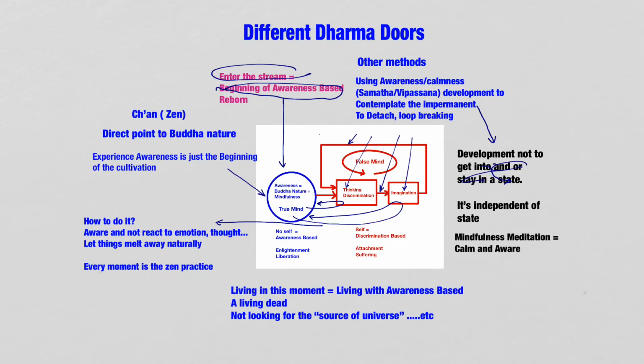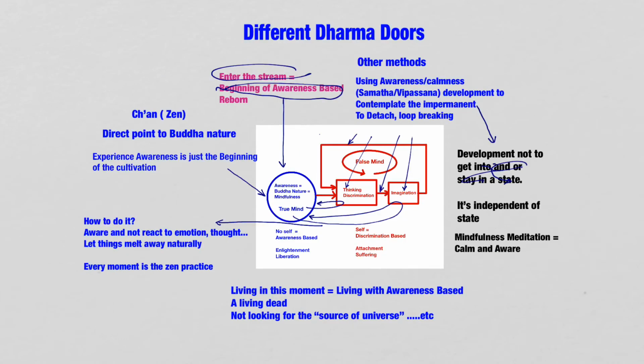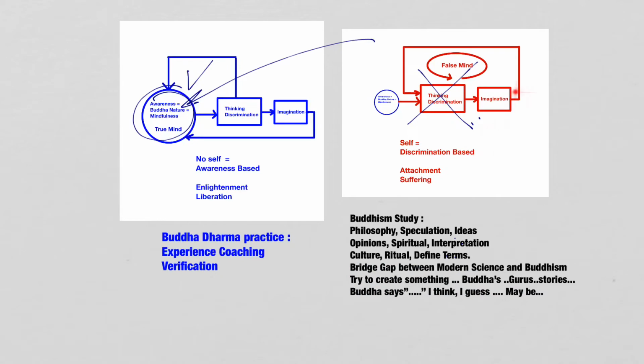It is actually stuck in here, and has all kinds of ideas, all kinds of philosophy, but it never gets anywhere, still stuck in the false mind loop. Okay? So that's how it is.